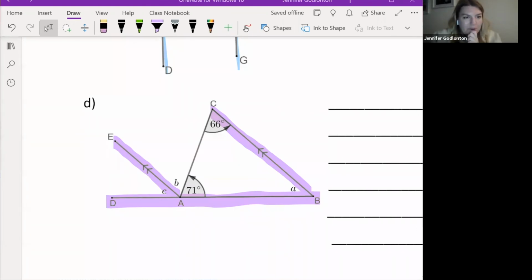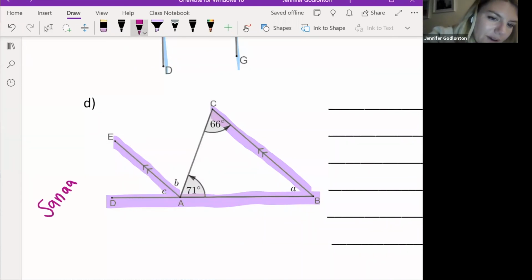Okay, we're making progress. I'm just going to let you keep going with this for a little bit. Sana had her hand up first, so this one is going to go to her, but I'm going to give you a little bit of time to finish this off. Once you have finished the questions, could you do me a favor and use the thumbs up as a reaction, just so I can get an idea of how many people have finished?